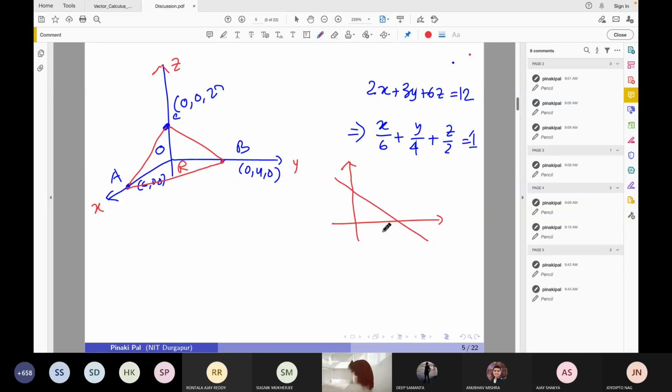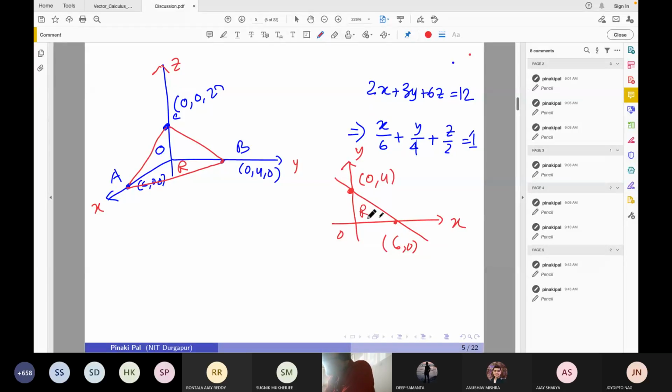So we are on the XY plane now, O, X, Y. What are these points? 6, 0, 0 and 0, 4, 0.